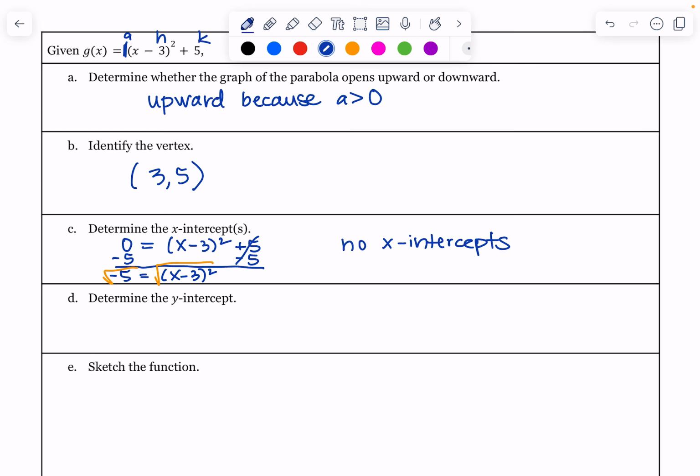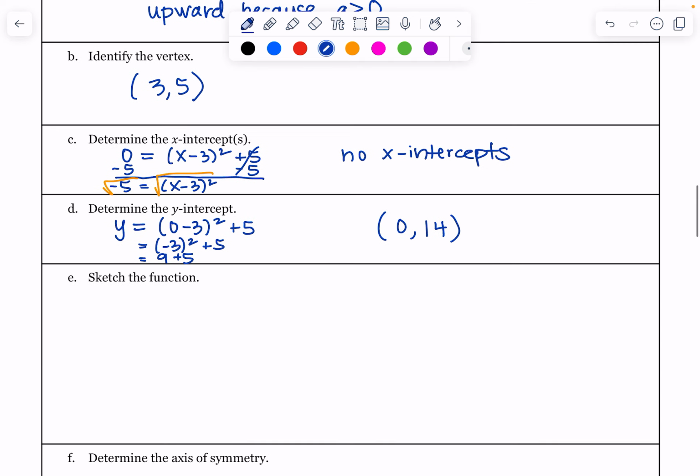Determine the y-intercept. We're going to plug a 0 in for x. So y equals (0 minus 3) squared plus 5, so this would be negative 3 squared plus 5, which would be 9 plus 5. So the y-intercept here would be 0 for x, 14 for y. Then it says sketch the function.